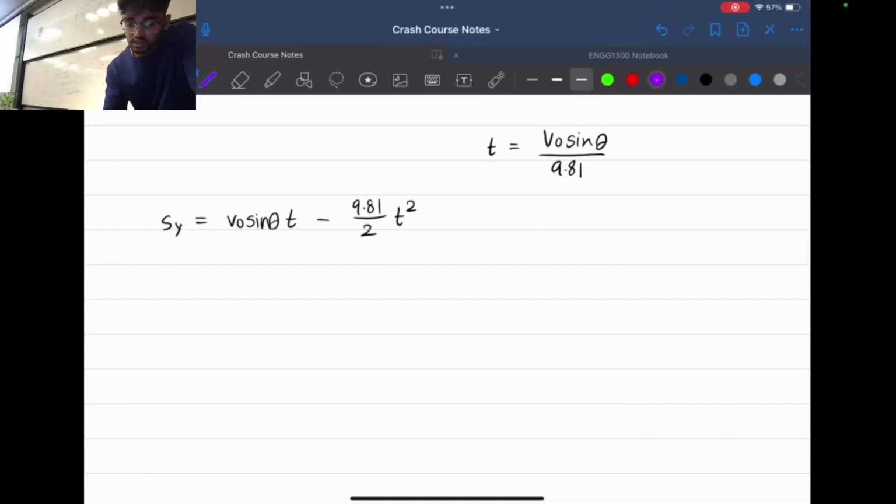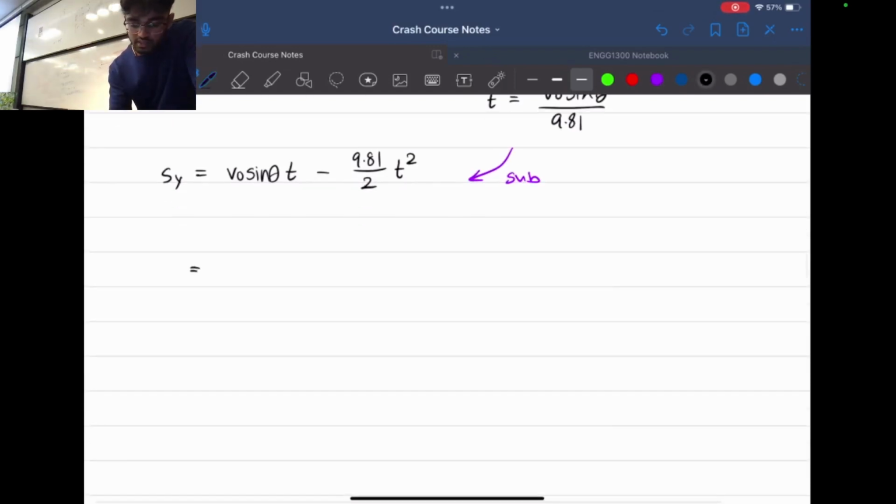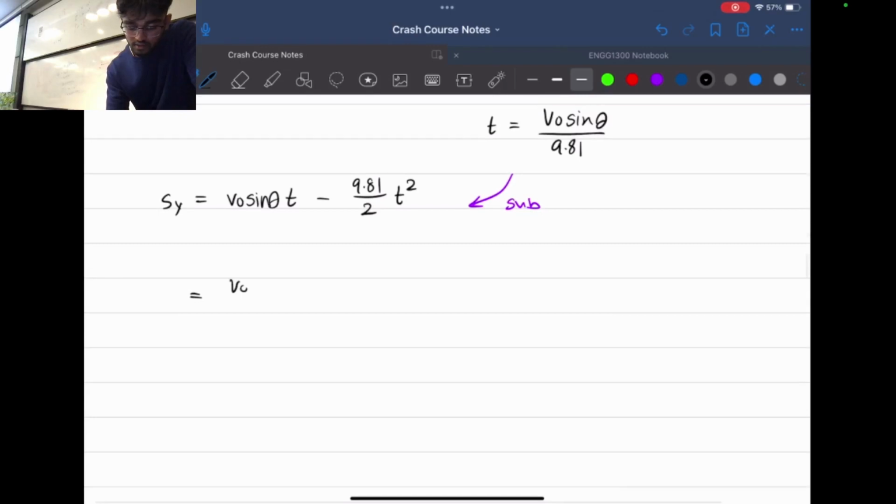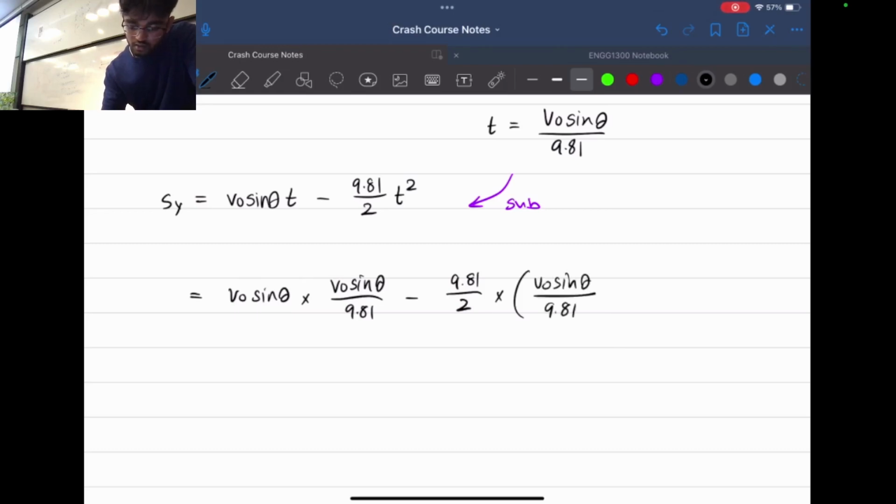What I'm going to do is sub in our t value over here. This will give us v0 sine theta multiplied by v0 sine theta all over 9.81 minus 9.81 over 2 times v0 sine theta all over 9.81 all squared.